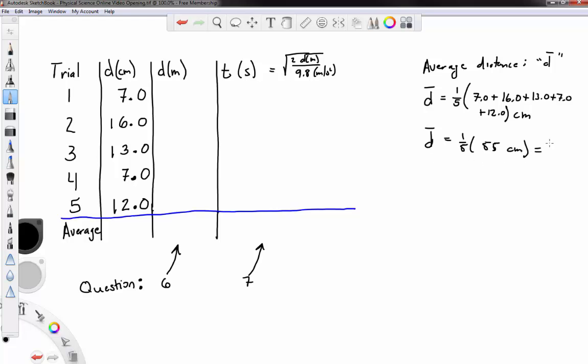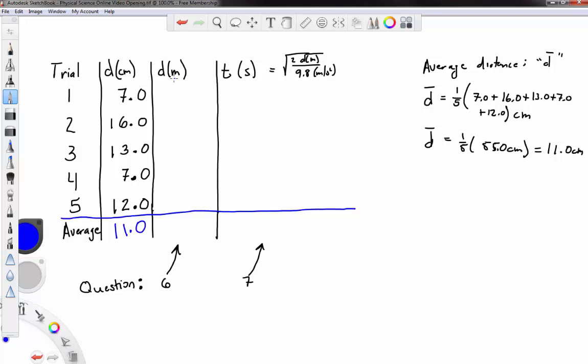And so that gives us 11.0 centimeters. So we can write 11.0 in here. Now, actually, I think I'm going to go ahead and put the calculated terms in blue.